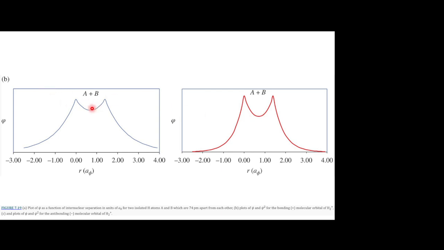Okay. So this is talking about the energy. This is talking about probability of finding the electrons. Yeah. So these are your nuclei right here. This would be your bond distance here. And this right here would be the bond. And so actually you have a lower probability of finding the electrons directly between the two nuclei than you do around the nuclei.